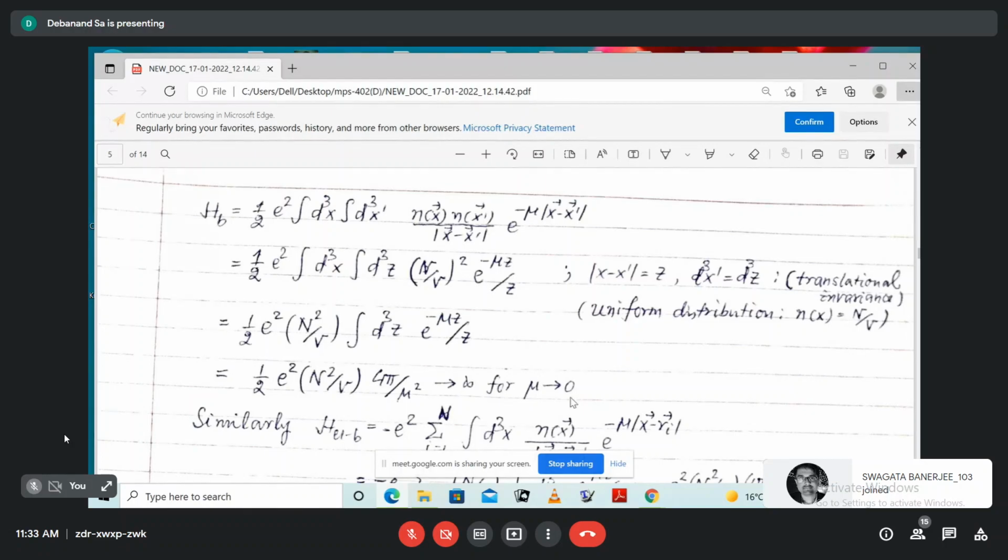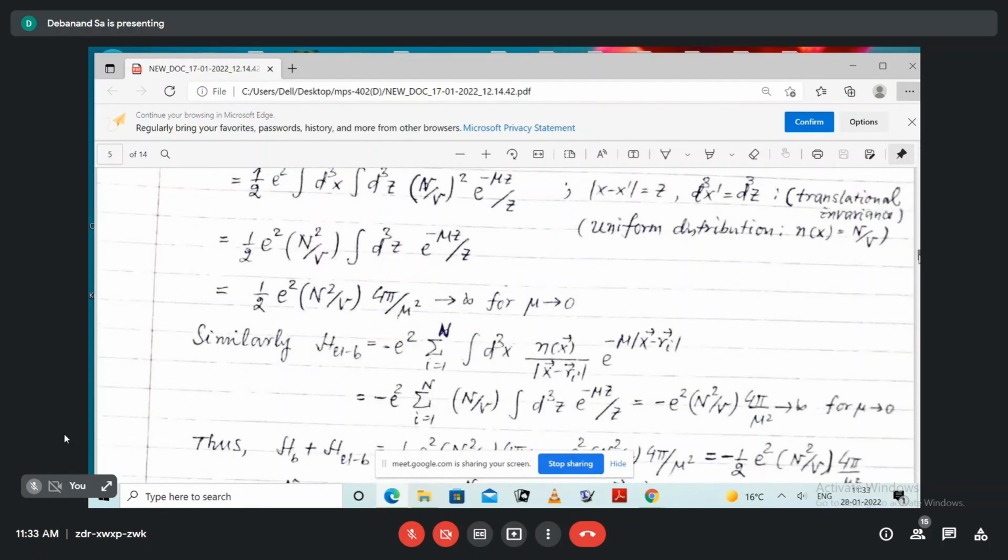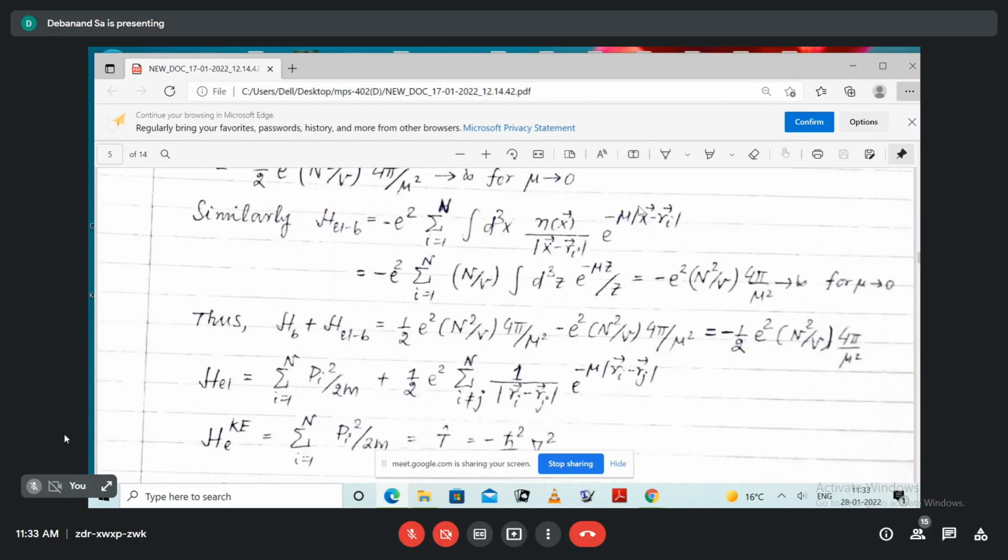And of course, this is going to be infinity if you take mu tends to 0. So it looks like unphysical stuff if I take the limit, meaning it is going to be infinity. So as for the bosonic electron, I can also do the integral for the bosonic part.